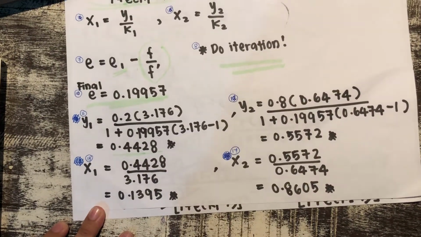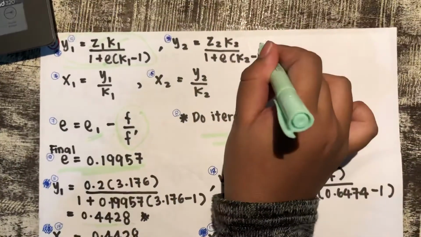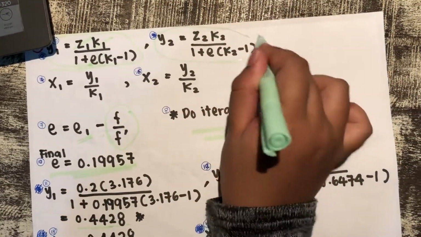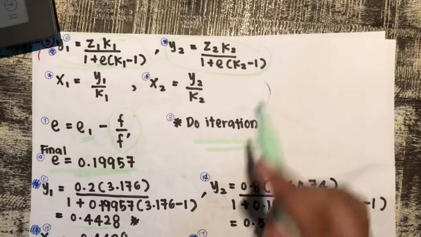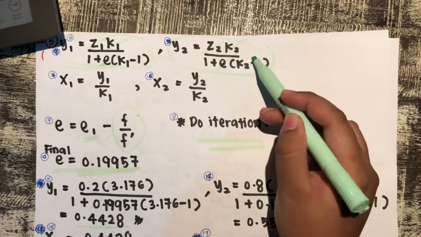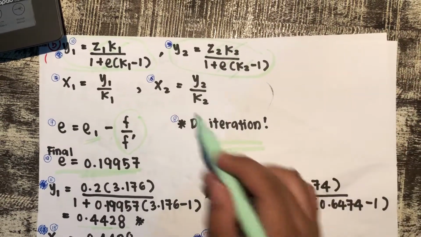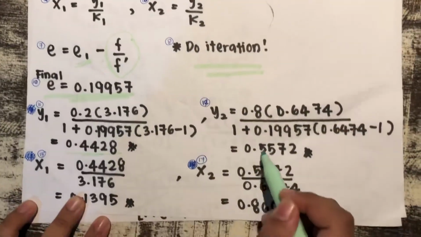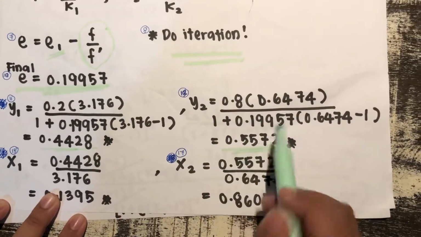And for our Y2, we will use this formula, where we also already have our Z2, K2, and E. So the Y2 we got is equal to 0.5572.